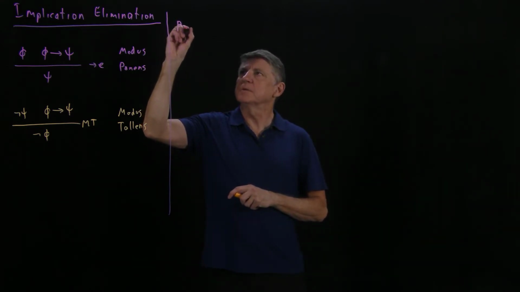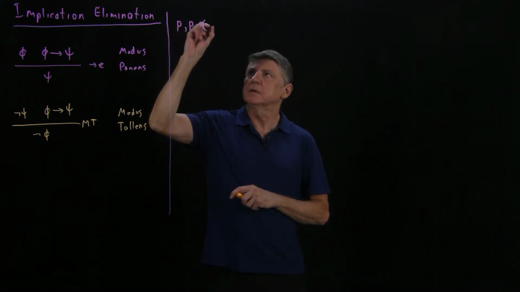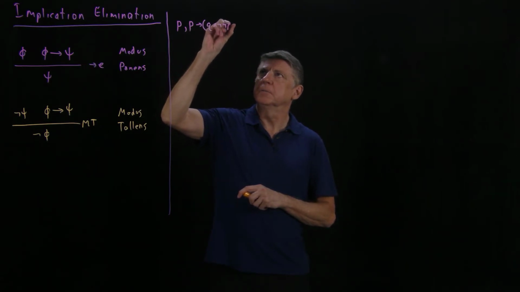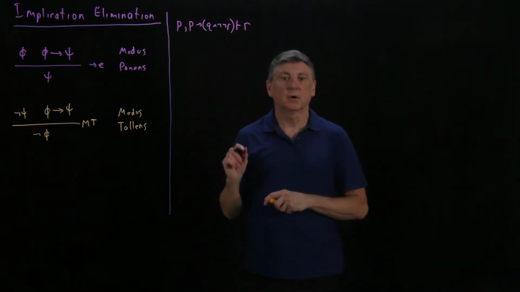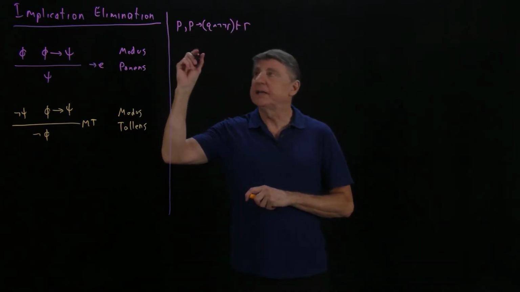Suppose we are given the premises of P and that P implies Q and the double negation of R, and from that we want to conclude that R is true. We always begin our proofs by writing down the premises.